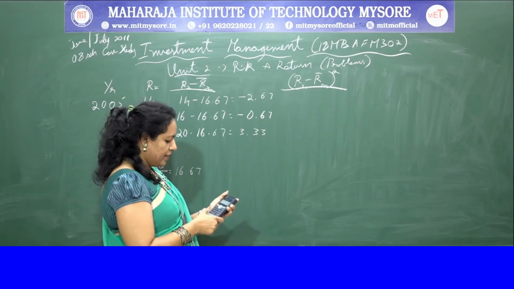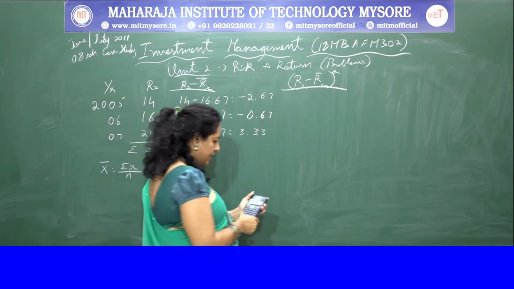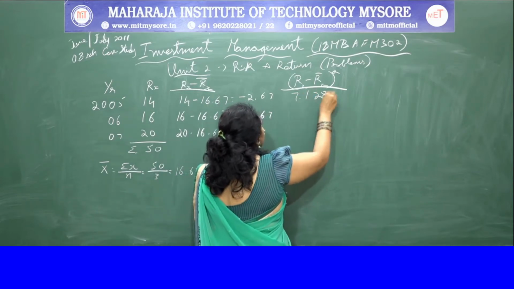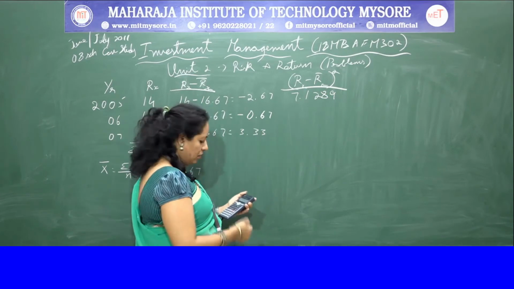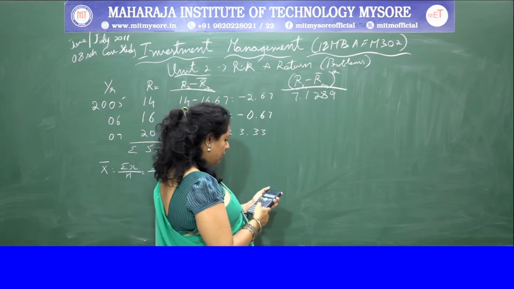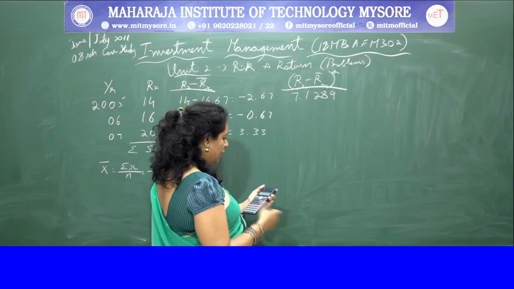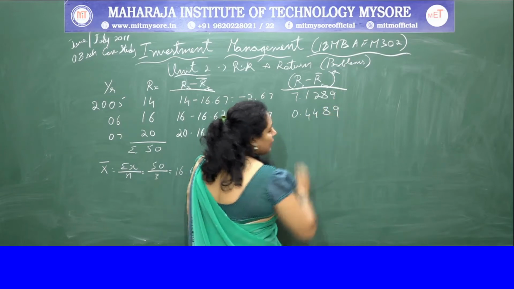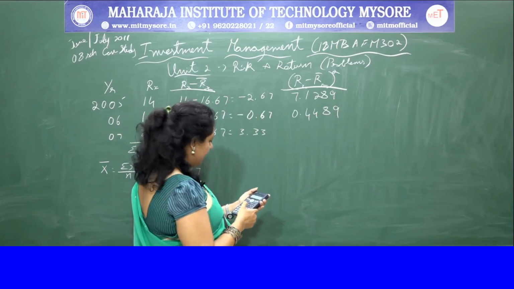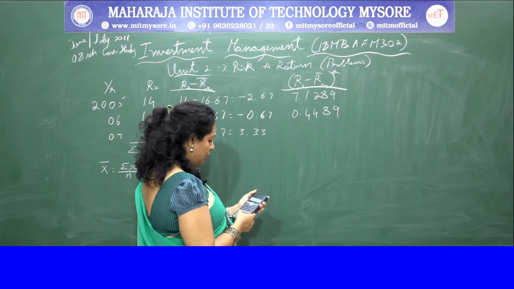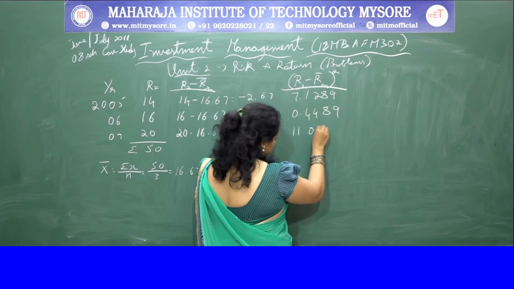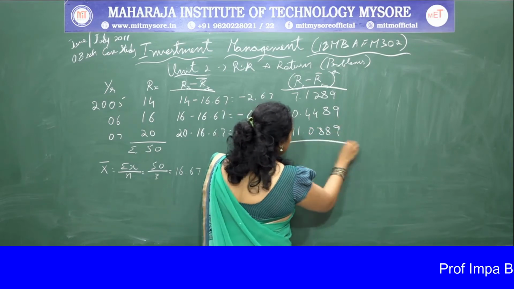So 2.67 into 2.67 gives 7.1289. Next, 0.67 into 0.67 gives 0.4489. Then the last one, 3.33 into 3.33 gives 11.0889.